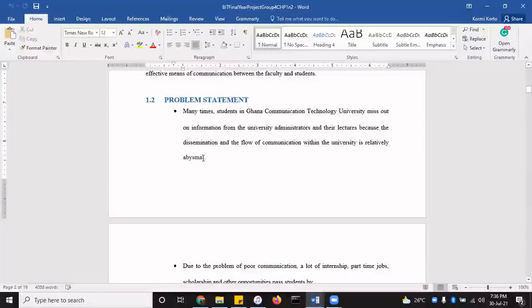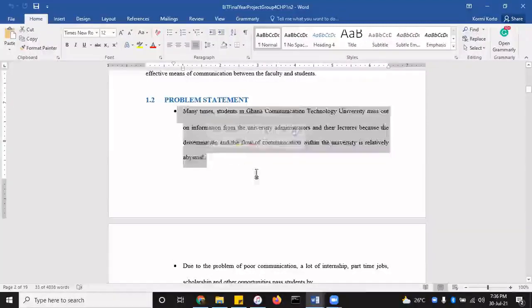That's what he's saying. So the problem here is that information flow is poor. That's all he could have expressed within a good paragraph. That's what needed to be put over here.